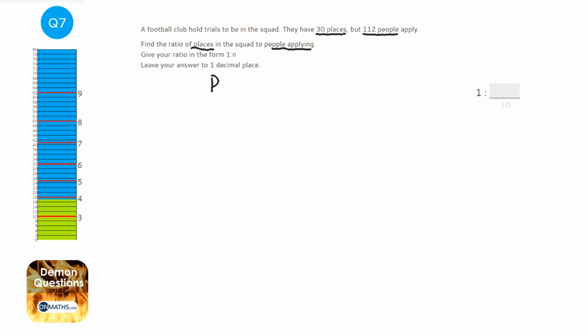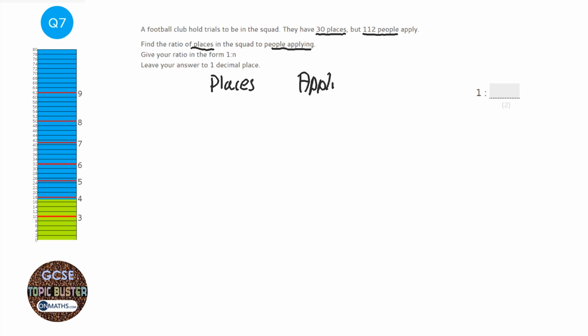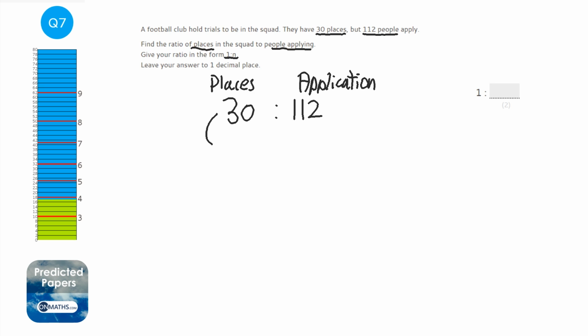So if we have places and applying, or applications, so we've got 30 places, and there's 112 people applying. Now it says it wants it in the form 1 to something, so we know we need to make this 1. And we do that by dividing both sides by 30.